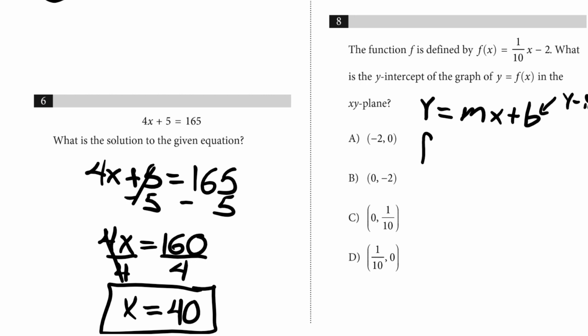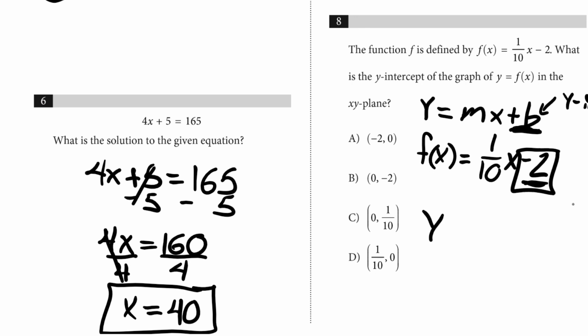So if we look at the equation f of x equals 1 over 10x minus 2, we can see that negative 2 is in the same place as b. So our y-intercept is negative 2.